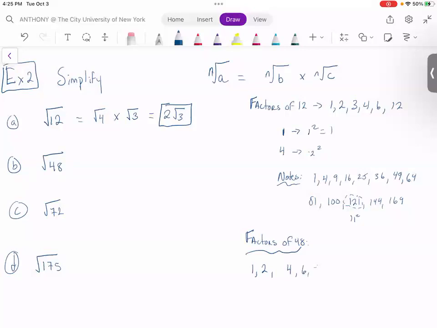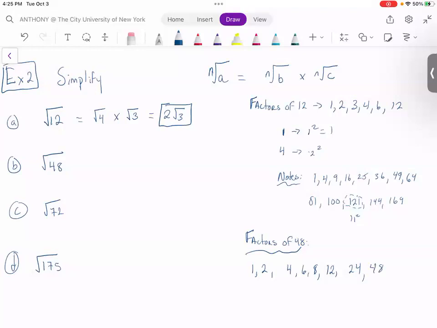So 4, 6, 8. 4 times what gives us 48? Yeah, 12. All right, we said 2. 2 times what gives us 48? 24. 1 times what gives us 48?